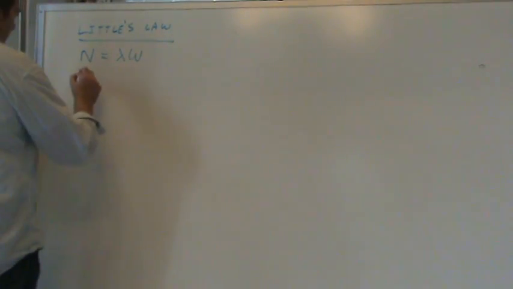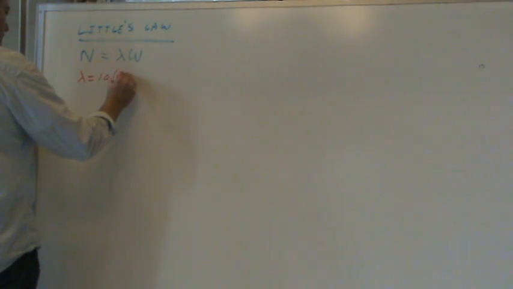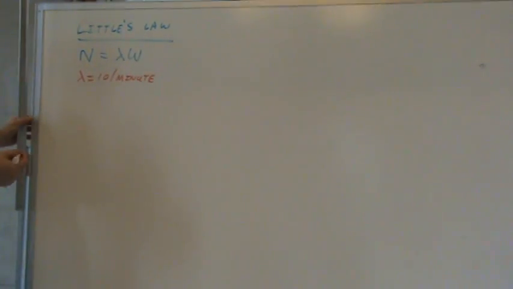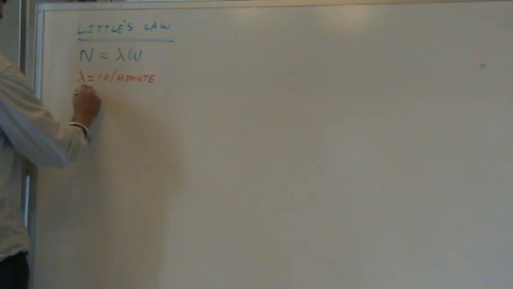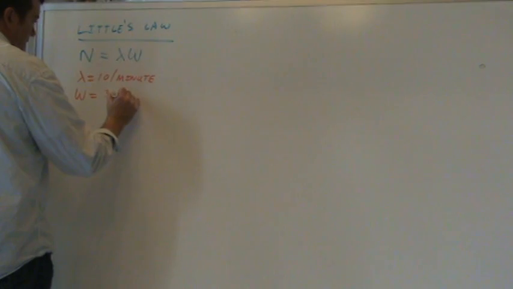So an example could be a supermarket. Suppose the rate into the supermarket is 10 people per minute. And the amount of time a customer spends in the supermarket is, on average, 30 minutes.